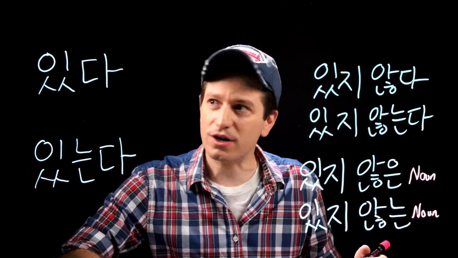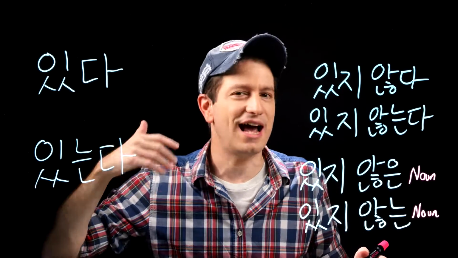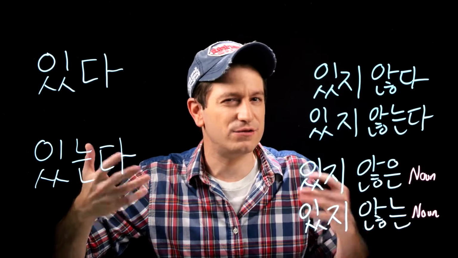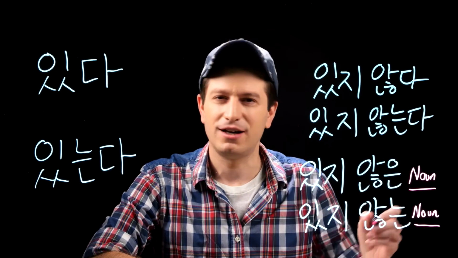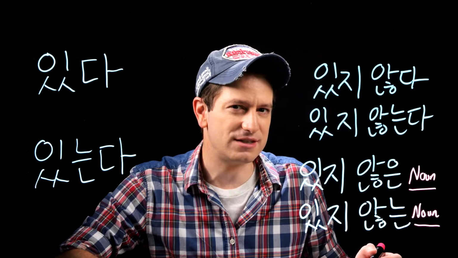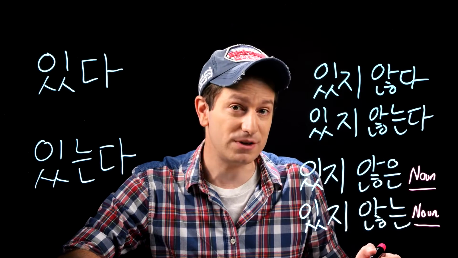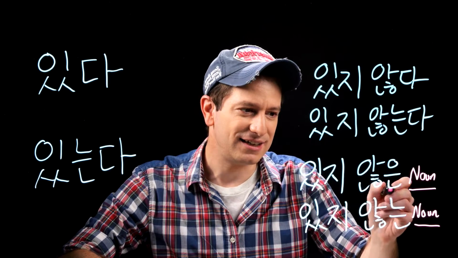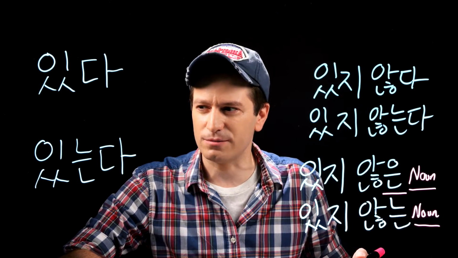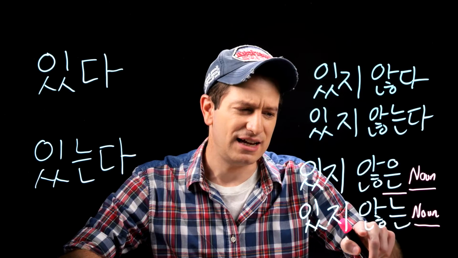For example, if you were conjugating one of these verbs into an adjective, so used directly before a noun, these would also conjugate a little bit differently because one of them is a descriptive verb and would conjugate as 있지 않은, and the other one's an action verb and would conjugate as 있지 않는.